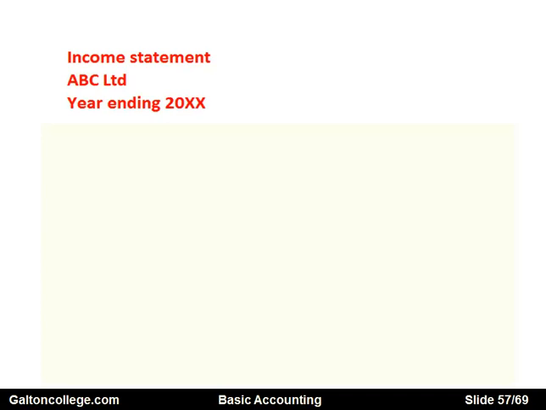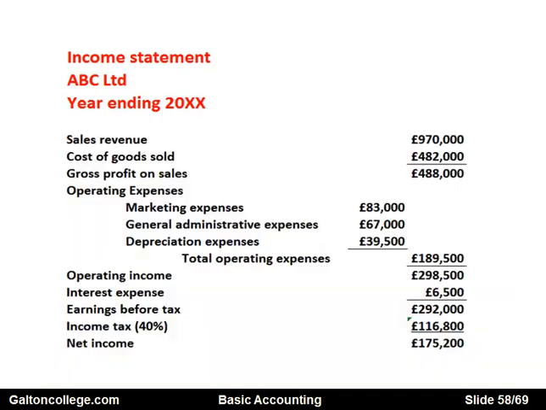Let's look at an income statement for this company ABC for the year ending 2000 and whatever. And it could be something like this. Sales revenue, the cost of goods sold, and the gross profit. So if we look at the sales revenue, what it received from its sales was £970,000. The goods it sold were a value of 482,000, so the gross profit was 488,000.